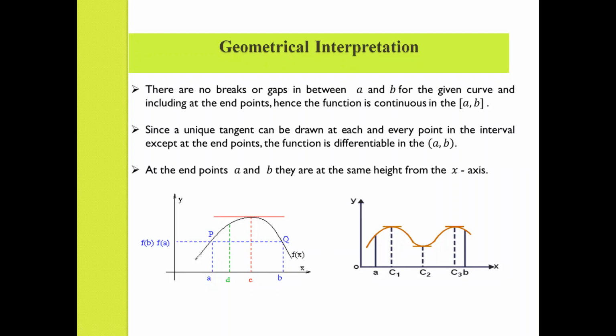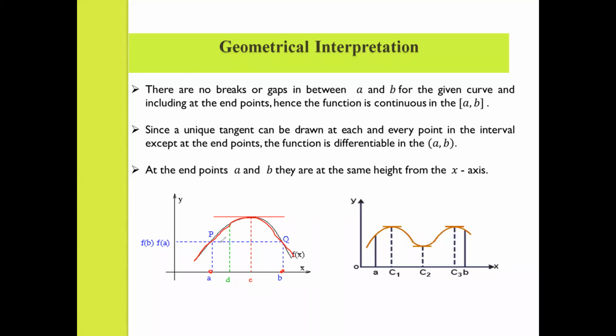This function should be defined in the interval a and b. Now, the first point in Rolle's theorem states that the function should be continuous. Everyone knows continuous means there are no gaps, there are no breaks.